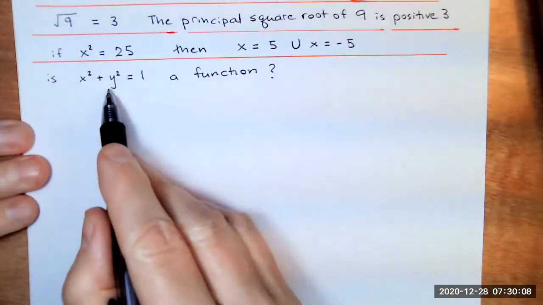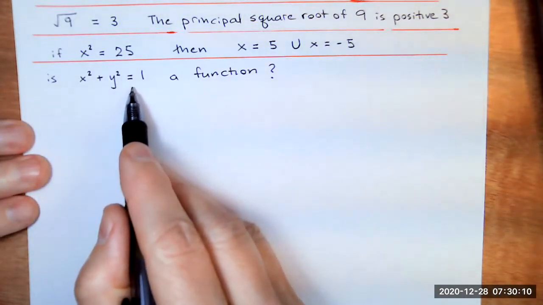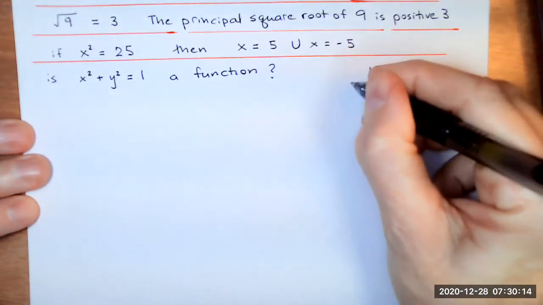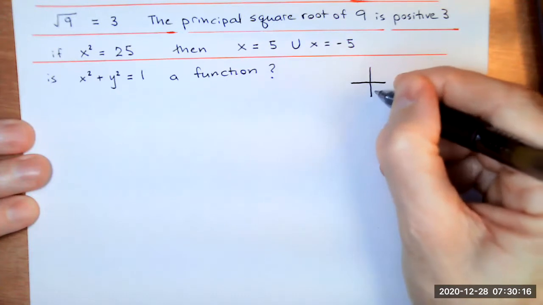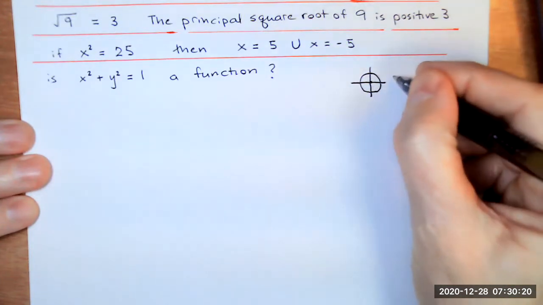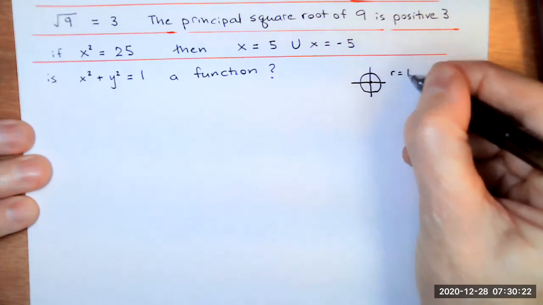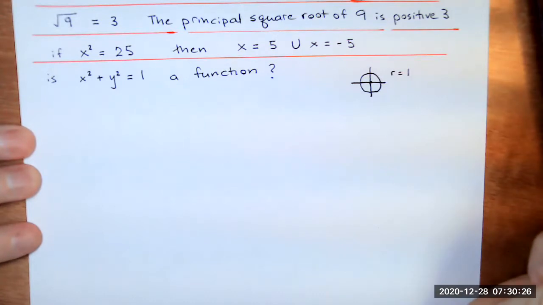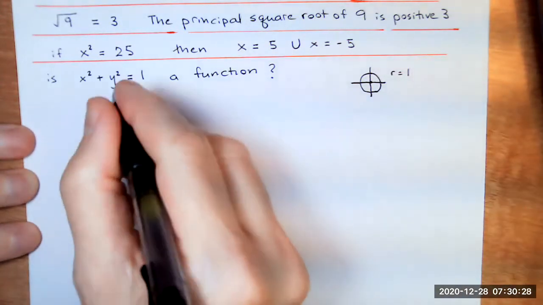So is x squared plus y squared equals 1 a function? And you may recall from chapter 1 that this is our unit circle whose center is at the origin and whose radius is equal to 1. So you already probably have a pretty good idea, but let's do it algebraically.